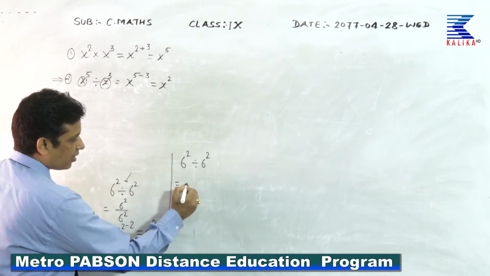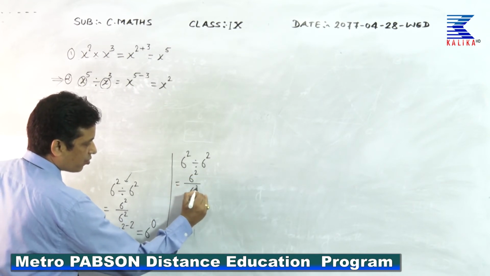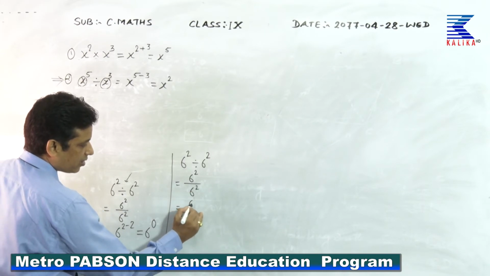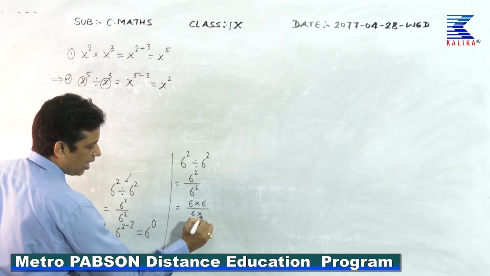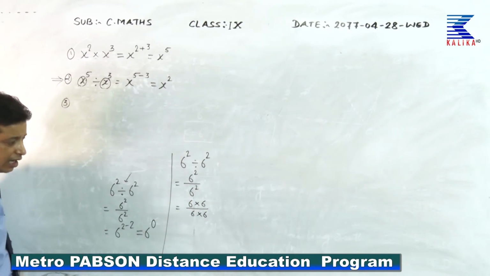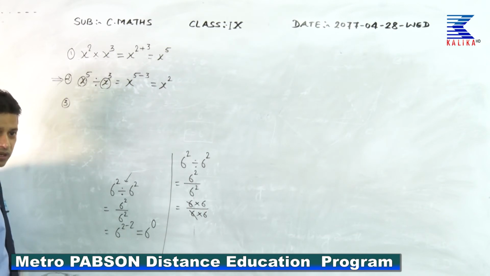It means 6 times 6 over 6 times 6. This 6 and this 6 we can cut, we are dividing.